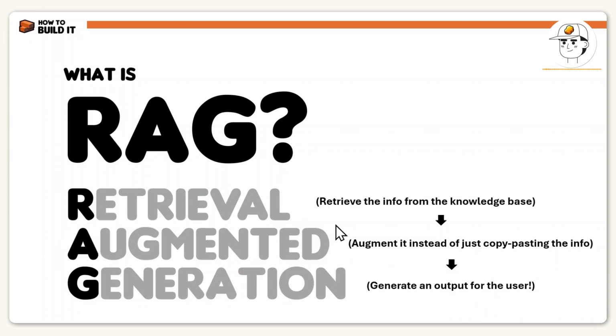And even though that sounds too technical, that actually simply explains what this technology does specifically, because if an AI agent is built via RAG, what that essentially means is that that AI tool can retrieve information from a certain knowledge base. It will then augment it instead of just copy pasting the information from the database. And finally, it will generate an output for the user. So that's all there really is to it. And people just abbreviated it to RAG for short.